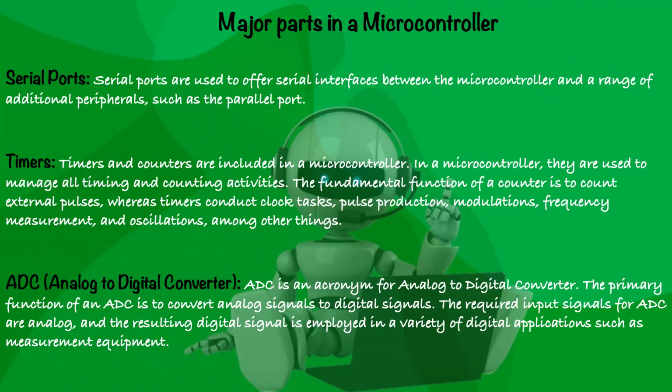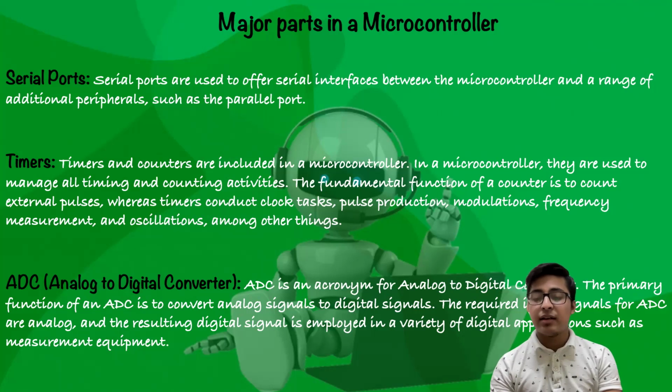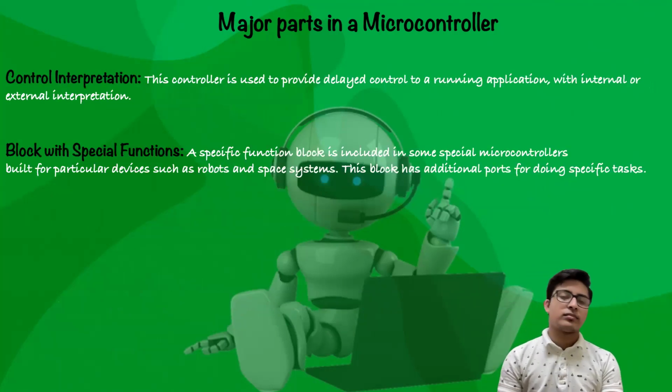Let us read it out. ADC is an acronym for analog to digital converter. The primary function of the ADC is to convert analog signals to digital signals. The required input signals for the ADC are analog, and that is why the output that we get is digital. That is why it is ADC and not the other way around.